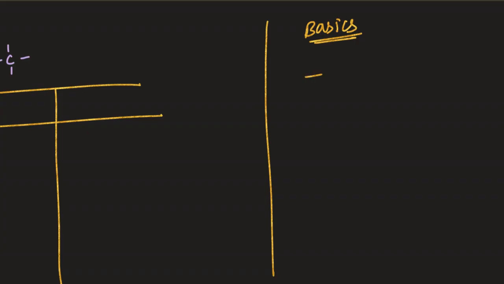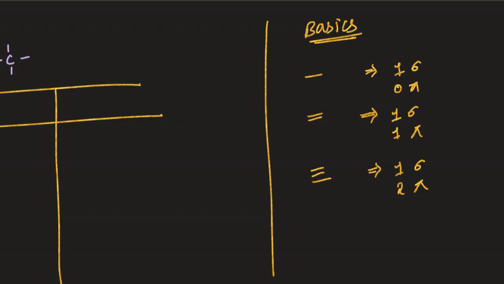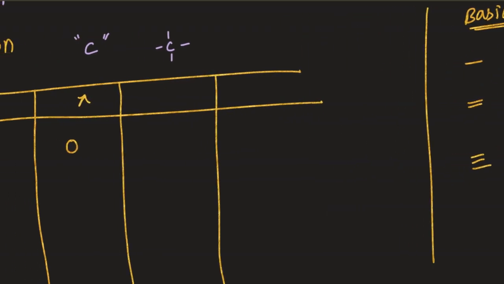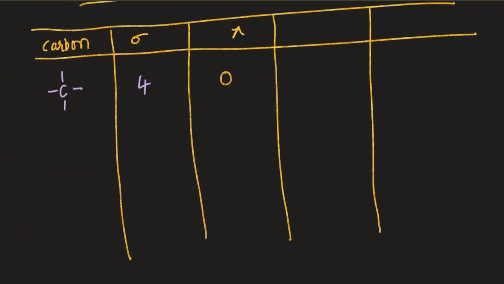If there is a single bond, it indicates 1 sigma bond, 0 pi bond. If there is a double bond, then inside the double bond there is 1 sigma bond and 1 pi bond. If there is a triple bond, then there is 1 sigma bond and 2 pi bonds. Clear till here? This is the basics you should know. Can I say all are single bonds here? So all 4 are sigma and there are 0 pi.